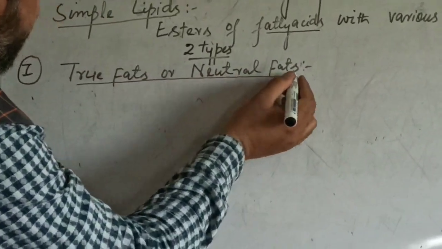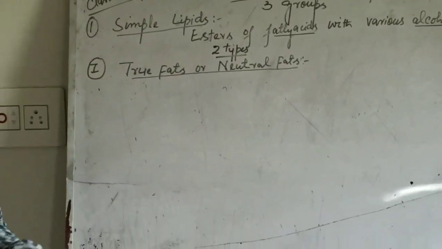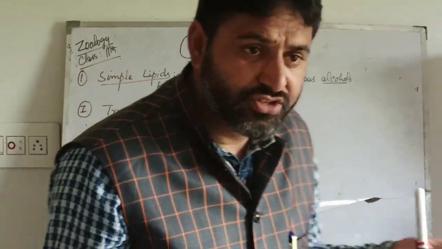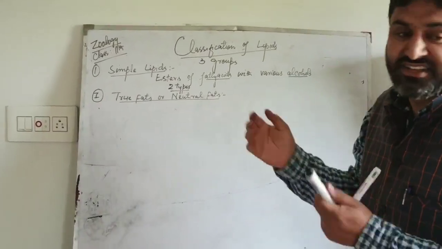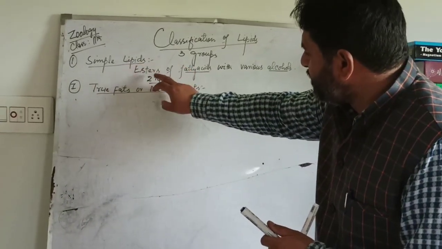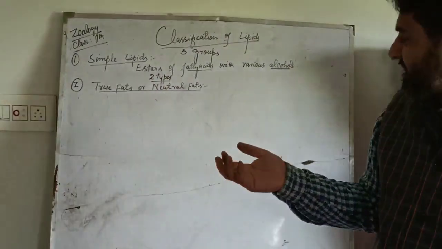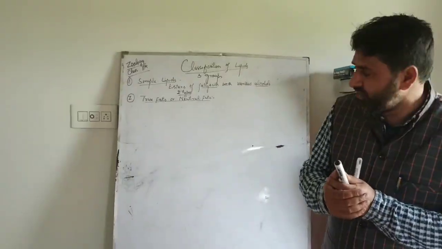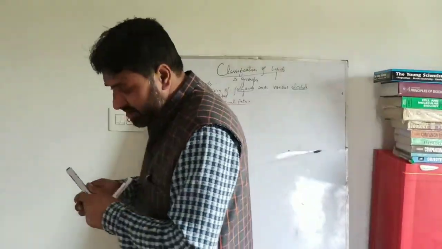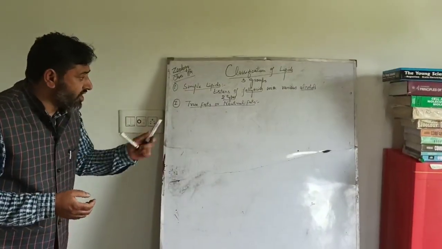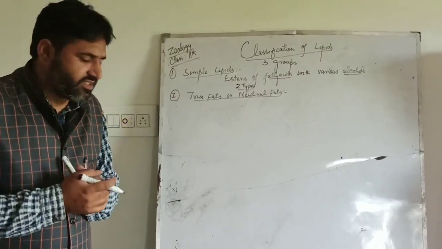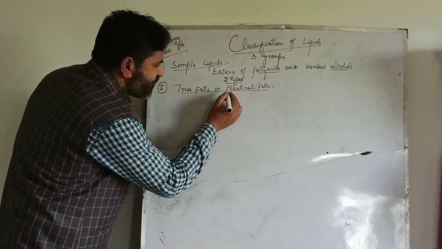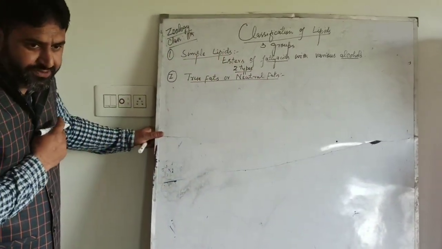The second type is waxes. We will take the first one, true fats or neutral fats.